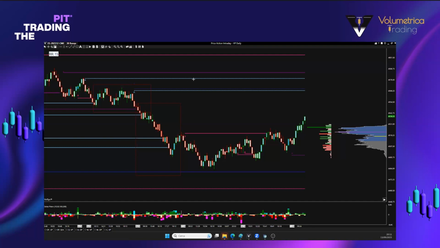More specifically, when we have range phases like this one, we can tell, just looking at price action, that the market was balancing. The market was in a perfect state of balance between buyers and sellers. That means they were interacting with each other.